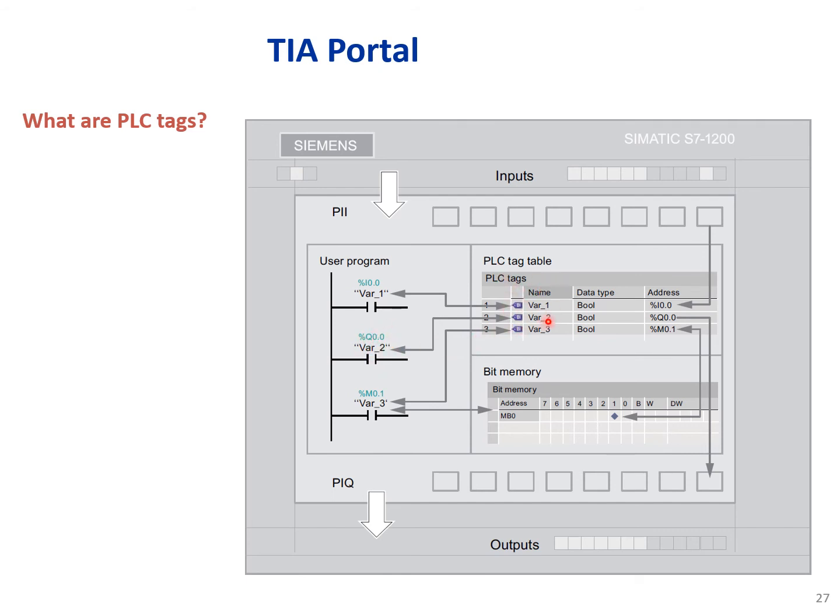Here in the tag table, you see the name, data type, and address. This one is just internal memory. It starts with M, and you see where the address is inside the bit memory address. And these are real input and output devices.